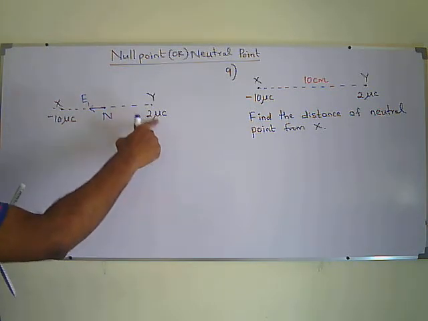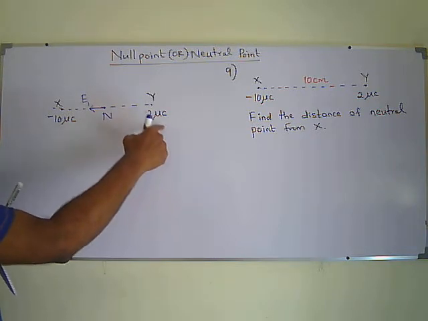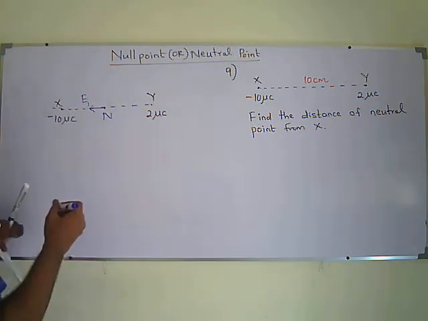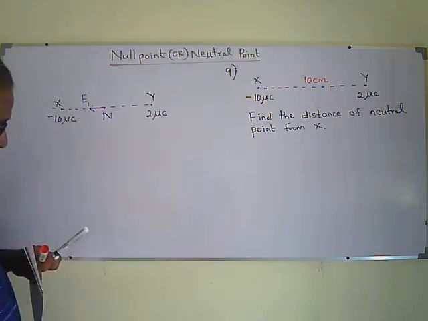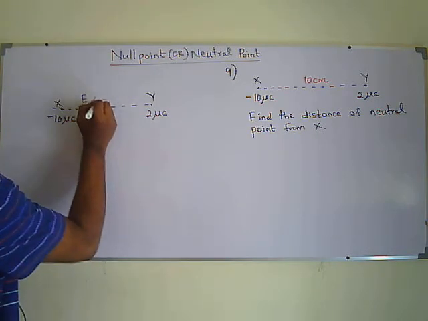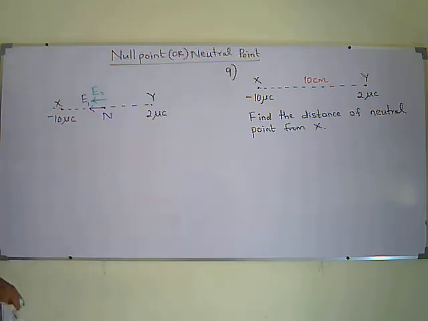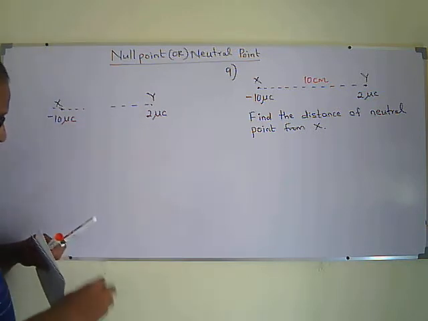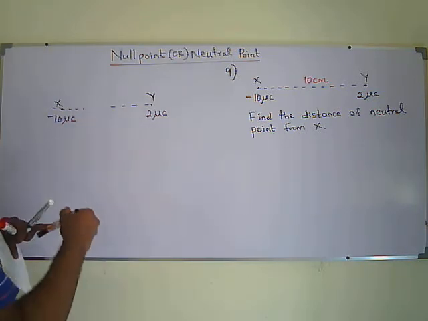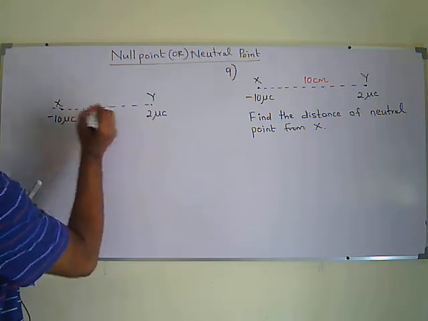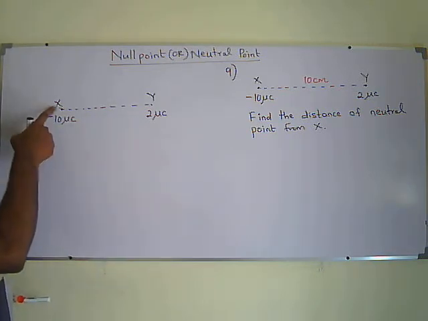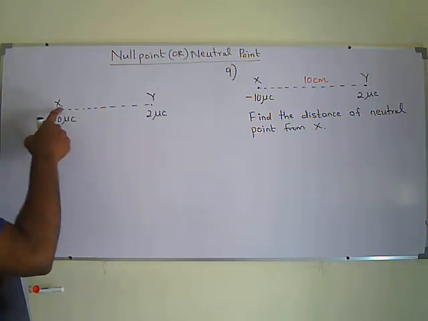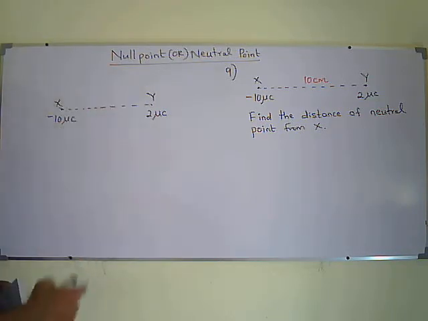The electric field due to 2 microcoulomb will repel the positive test charge at n, so E2 also will be towards the left. Since those two vectors are in the same direction, they never cancel each other. So there can't be a neutral point between x and y on the line xy. I proved that the null point cannot be on the left of x, and cannot be on the line xy between x and y.